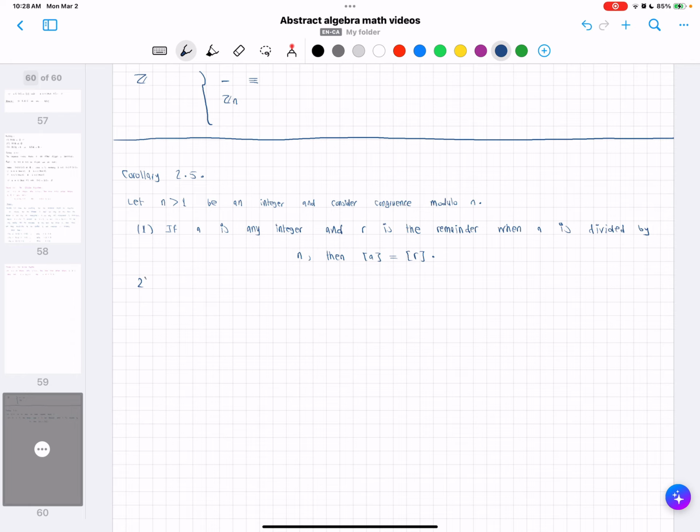And the second thing, we can use that information to figure out that there are only n distinct congruence classes when we take them with respect to modulo n.